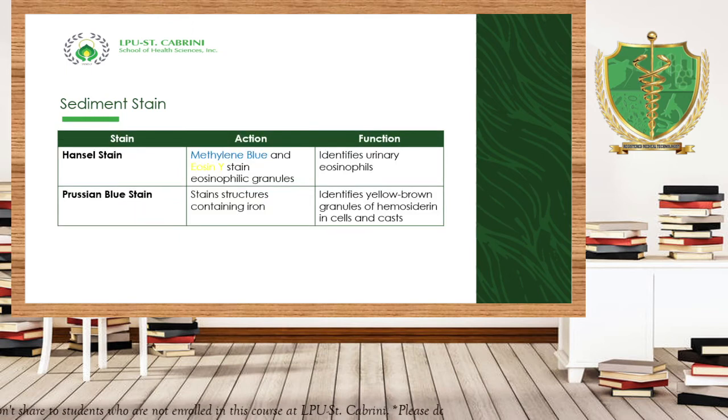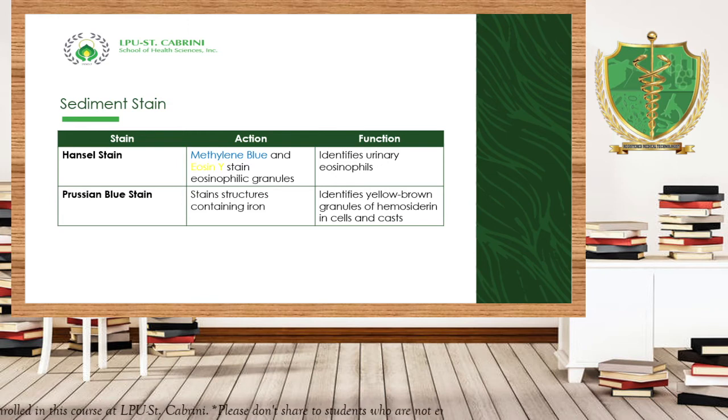For Hansel stain, methylene blue and eosin Y are present in that stain for eosinophilic granules. Since that is for eosinophilic granules, the function of Hansel stain is to identify urinary eosinophils. Again, guys, remember, if there is a presence of urinary eosinophils, that is an indication of allergic reactions.